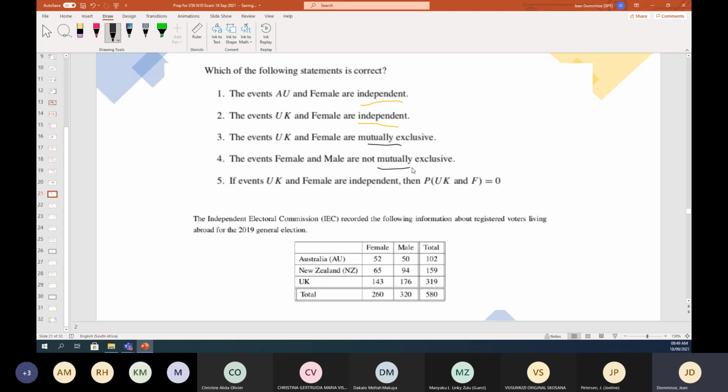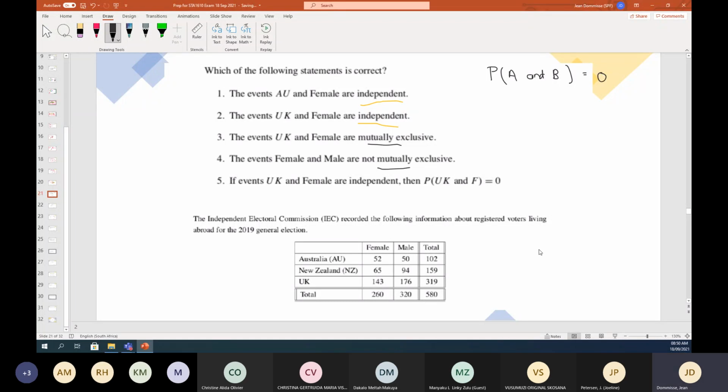Okay, so now again, it is important to understand what those rules are. So if something is mutually exclusive, the probability of A and B will be equal to 0.